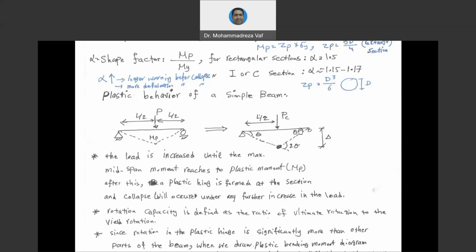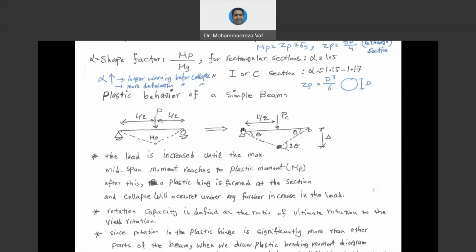And according again to mathematics, if you have an external angle of a triangle, the value of that external angle is always equal to the summation of the two internal angles. So this theta plus this theta always equals this angle. This angle basically shows how much is the rotation of this plastic hinge.